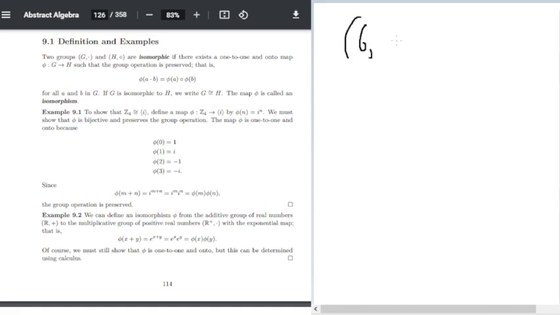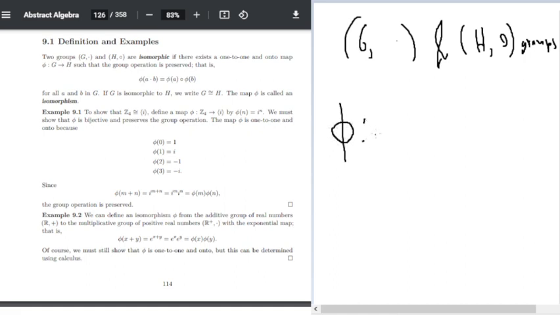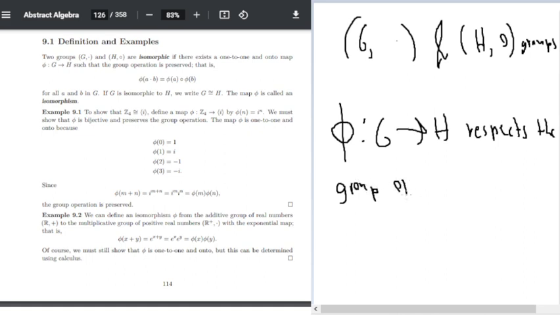So we have groups (G, ·) and (H, ∘). Phi from G to H respects the group operation if phi of a times b is equal to phi of a composed with phi of b.